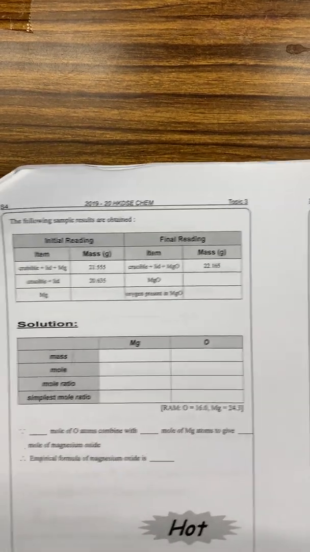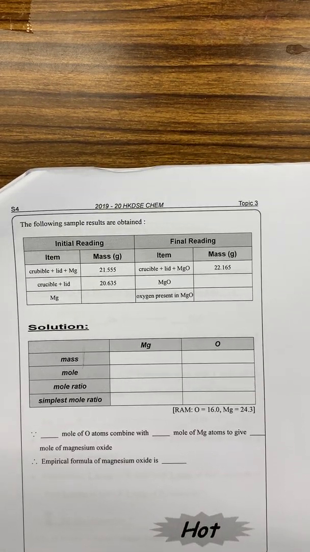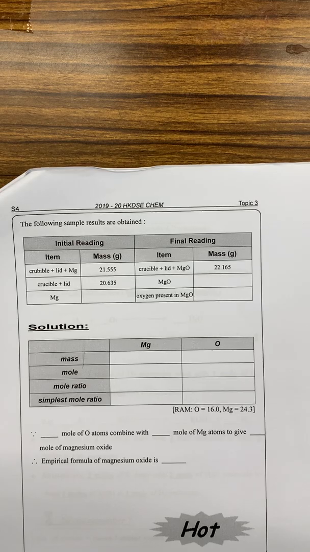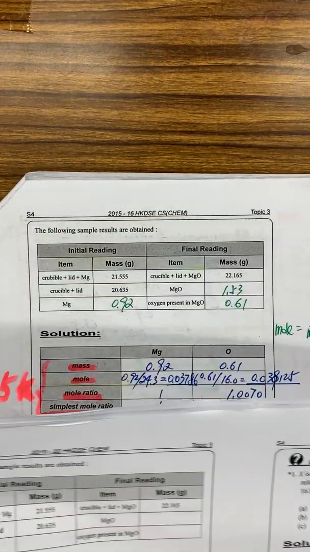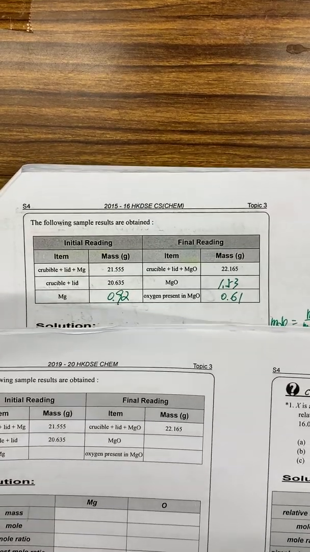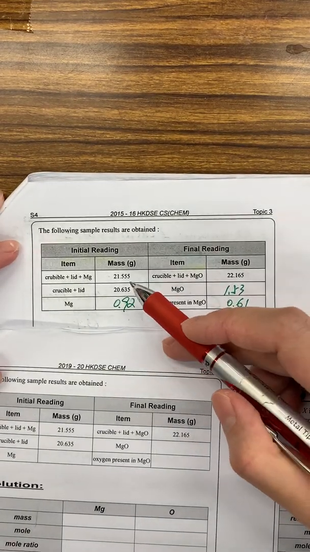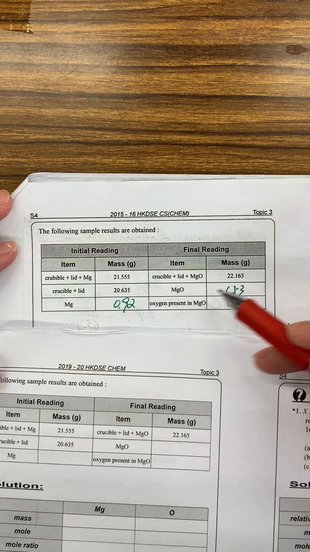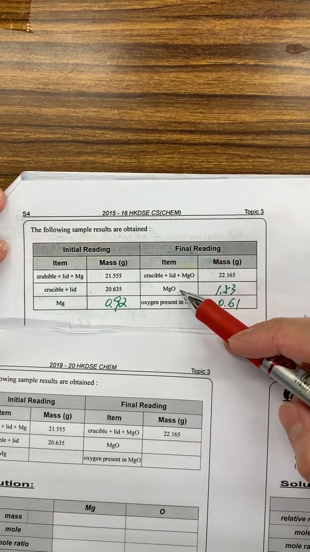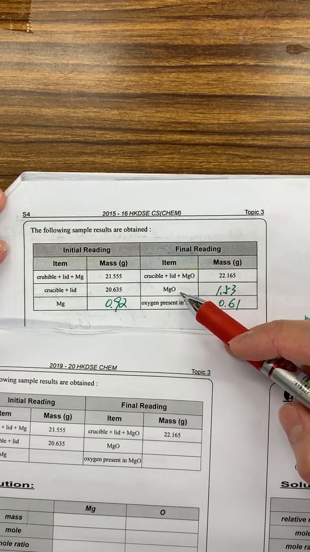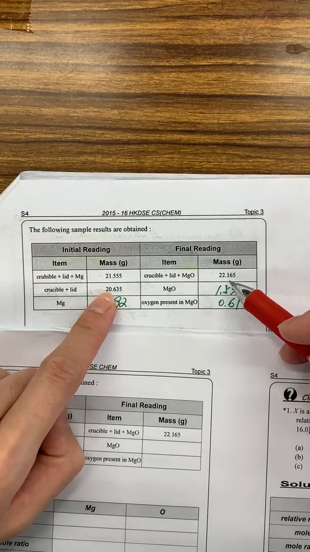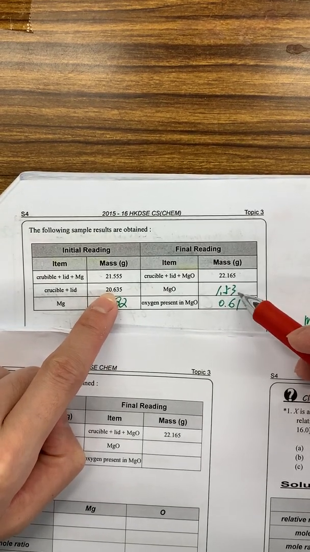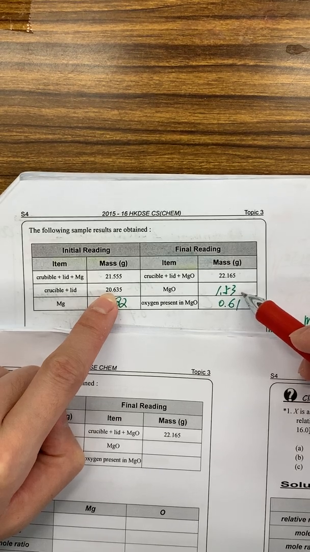Now, your notes are empty, right? Try to calculate by yourself. Pause for maybe 1 minute. Okay, let's check this out. Just subtraction, you will get 0.92. Wait, how to get the mass of magnesium oxide? Deduct this number, you will get 1.53, right?